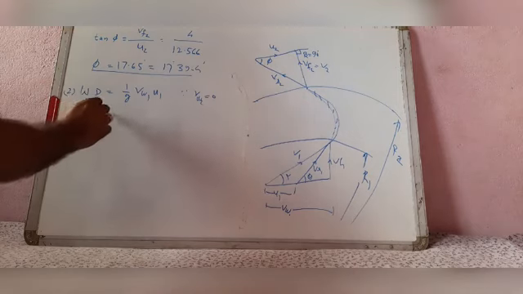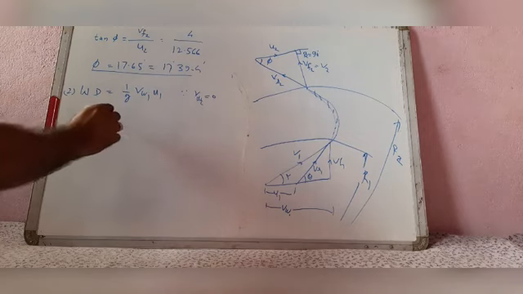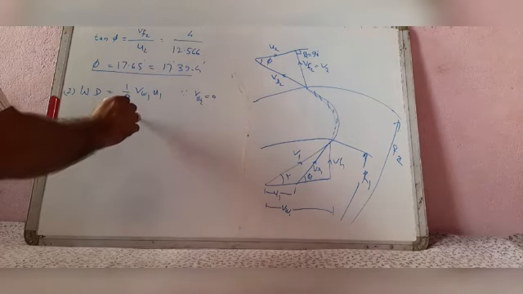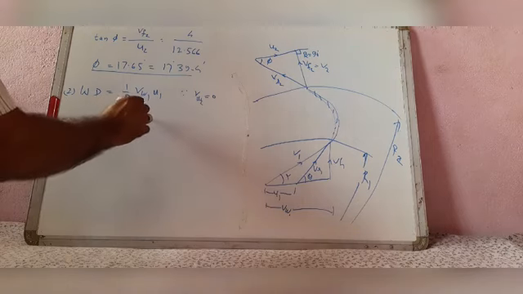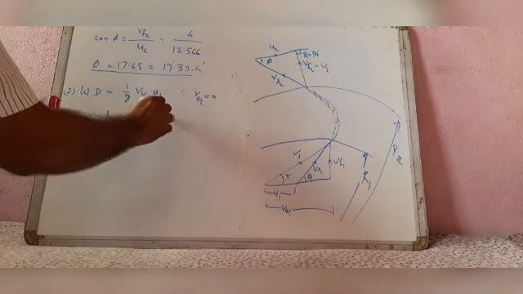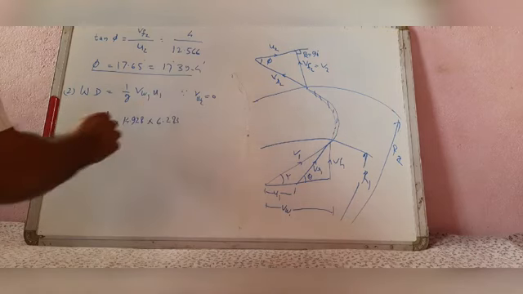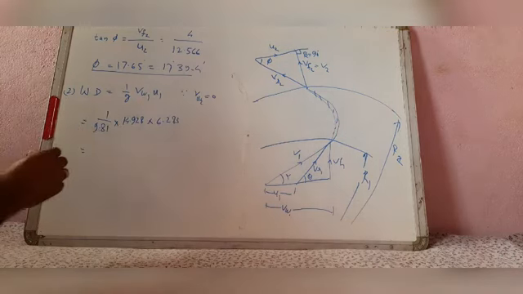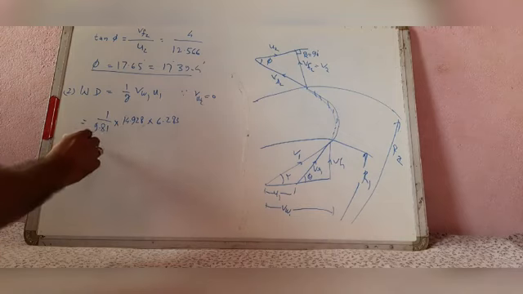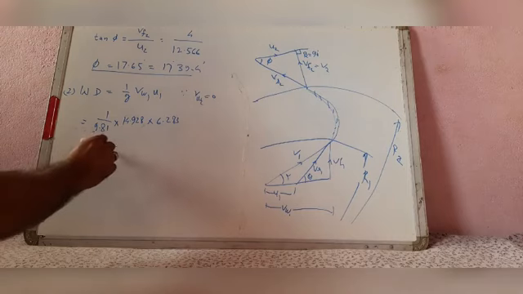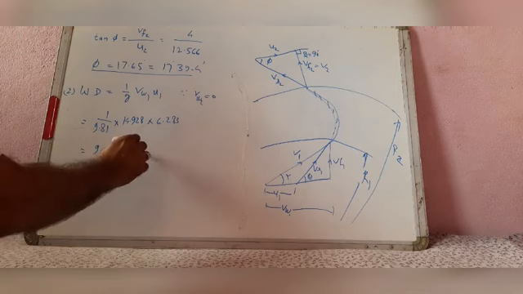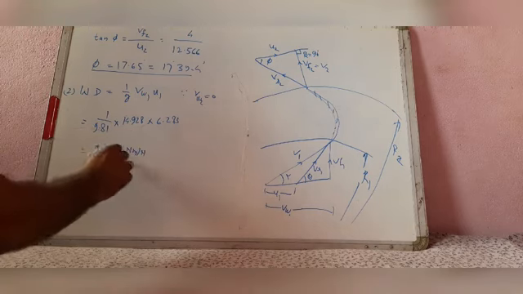Putting the values here, 1 by 9.81 into 14.928 into 6.283. So this comes 9.561 Newton meter per Newton is the work done.